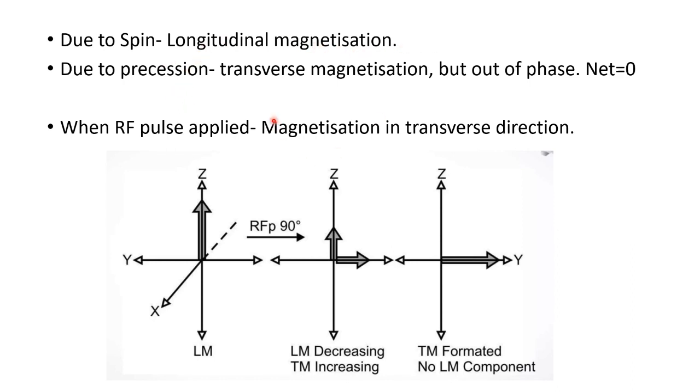The transverse vector is not present in the longitudinal axis because the precession of the hydrogen nuclei will be out of phase, so they cancel each other out and only the spin gives the longitudinal magnetization. When we apply an external radio frequency pulse, magnetization occurs in the transverse direction, so slowly it shifts from the z axis to the xy plane.